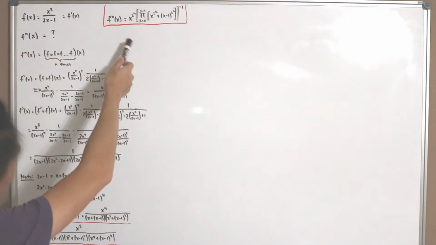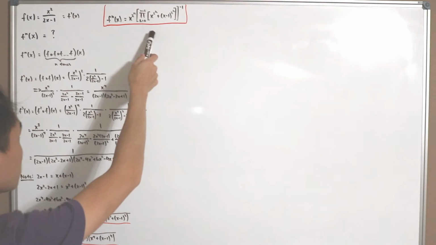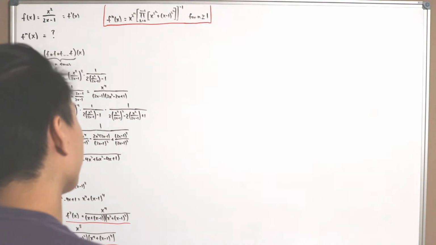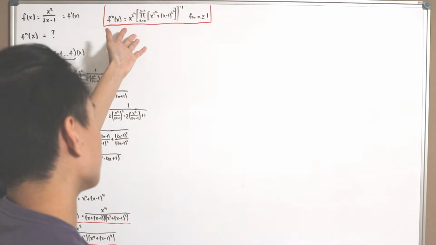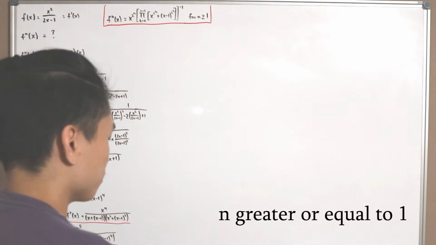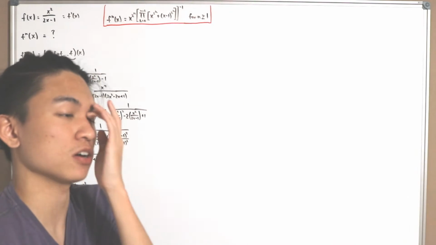So we have our possible general formulation for fn of x equals this, but how do we know for sure that this general formulation that we come up with works for every single natural number n? So it's pretty neat, because in order to show that, we're actually going to have to prove by induction.